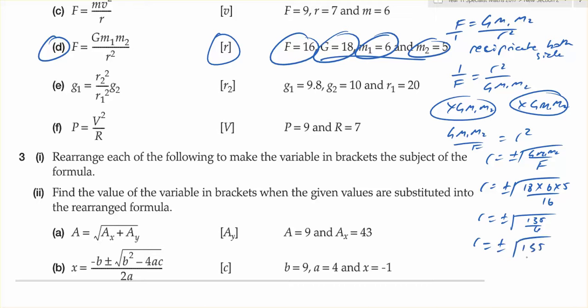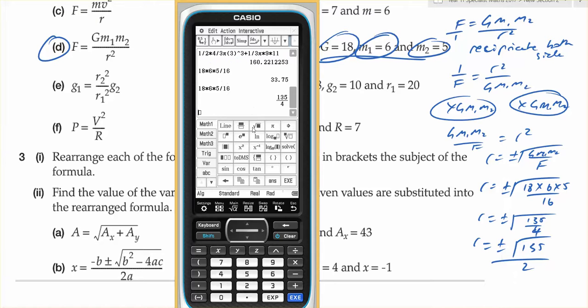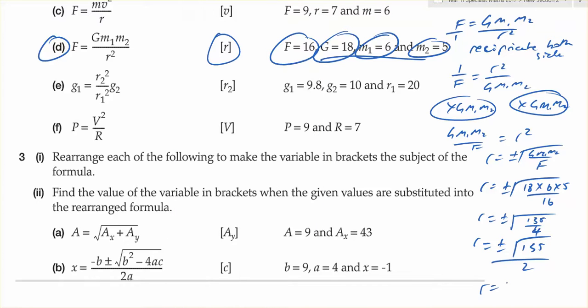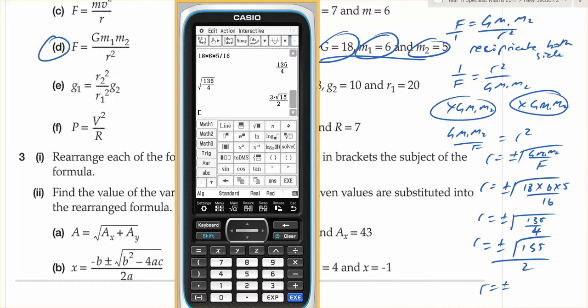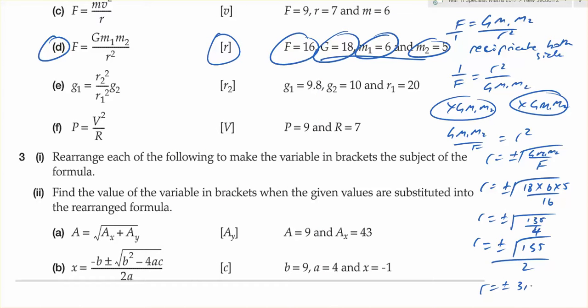I don't know what the square root of 135 is, but the square root of 4 I can definitely find. It's 2. So root 135 over 2, I should be able to simplify that. It's plus or minus 3 root 15 over 2 as my simplest answer. Since this is calculator allowed, you're not expected to do this part by hand.